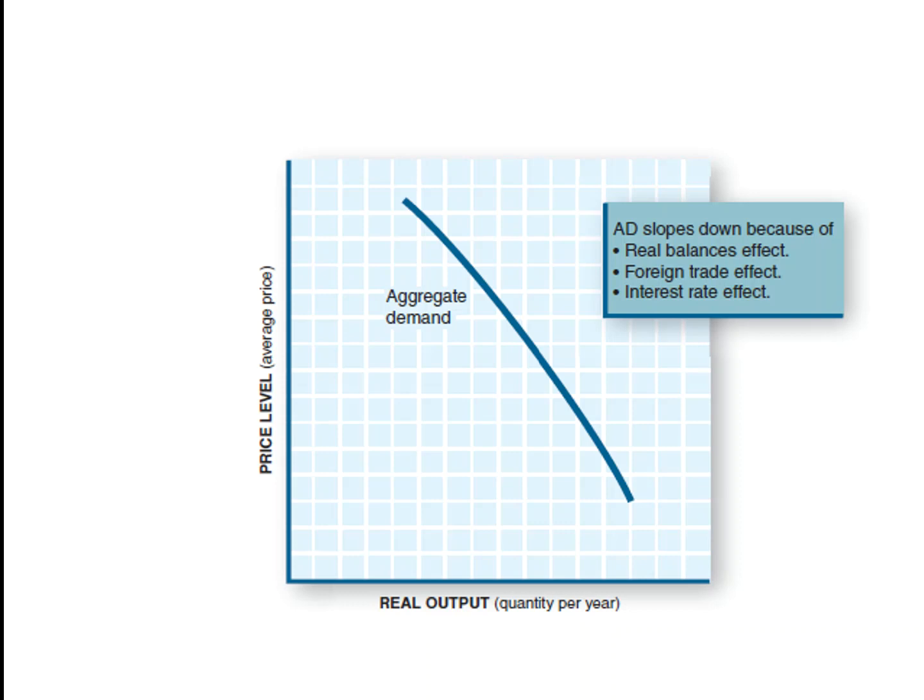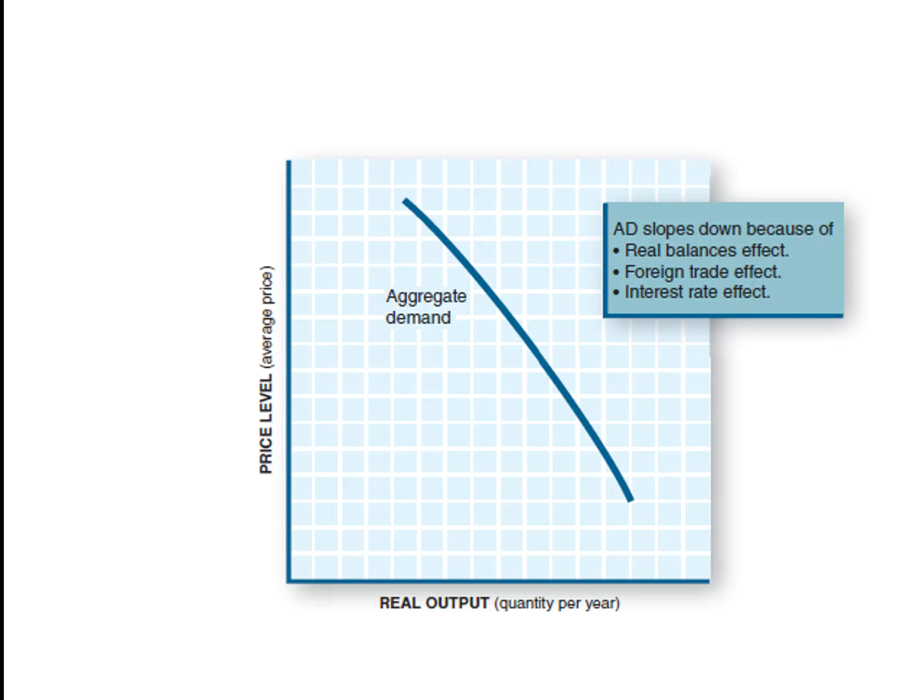So the consumer needs to borrow less. The demand for loans diminishes because the dollar value increased, and so the interest rate will drop. The reverse is true when the price level rises. That's how to use the interest rate effect to interpret the downward aggregate demand.